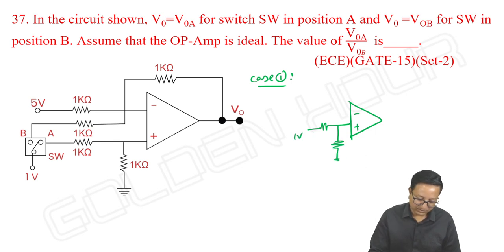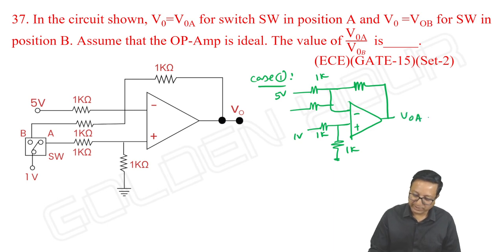One volt, 1K, 1 kilo ohm. It is position B, 1K and 5 volt. It is VOA.